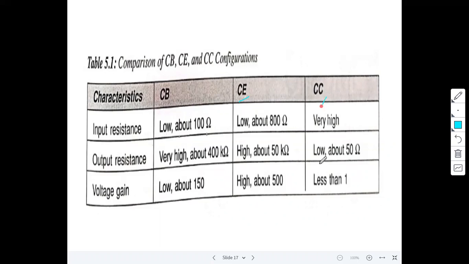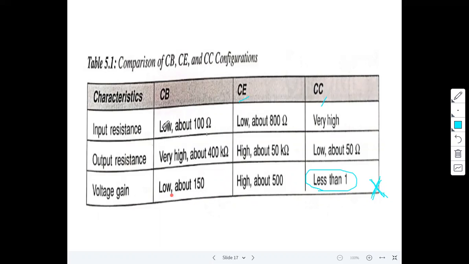For CC configuration, voltage gain is less than 1. So for voltage amplification, if the voltage gain is less than 1, it is not preferred. Remember this: CC configuration is not preferred for voltage amplification, because voltage gain is less than 1.